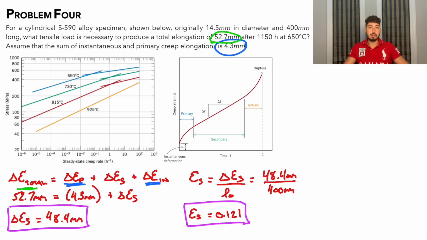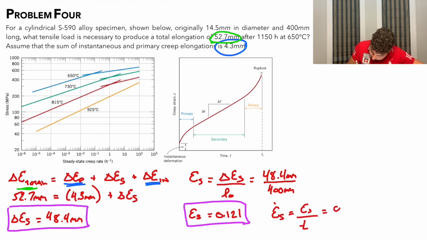Now we need to convert our strain at our steady state into our strain rate at our steady state. We're given the amount of hours that it's being subjected to, so if we divide by the time, we'll get our steady state creep rate. So let's do just that. Our steady state creep rate is equal to our strain at our steady state divided by the time.